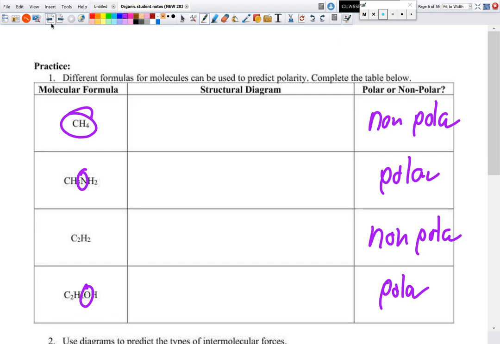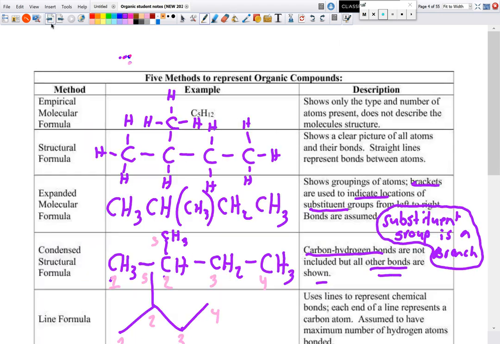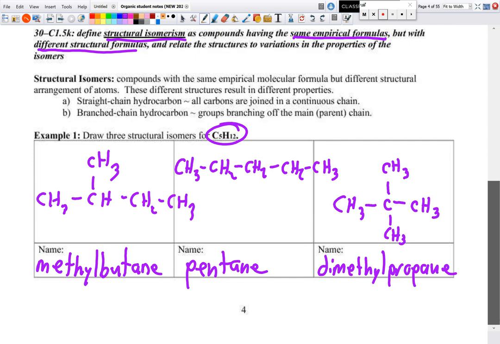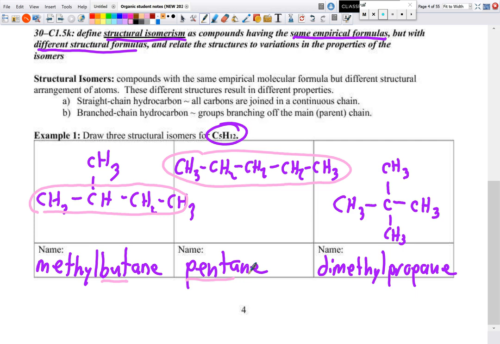Now, if we go back to this right here, notice the longest chain in the middle for our first one, we had 1, 2, 3, 4 in the middle, but. We had 1, 2, 3, 4, 5, pent. And here, our longest chain in the middle was 3, so we saw prop.